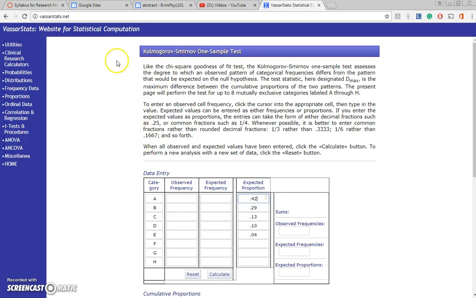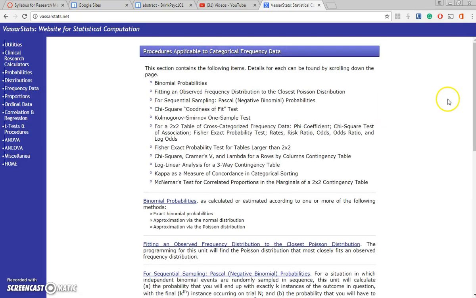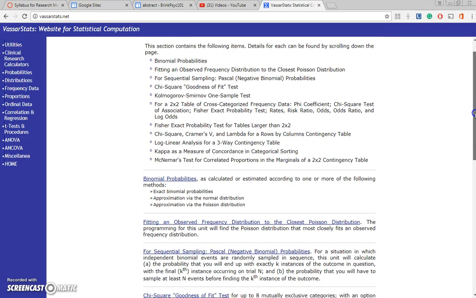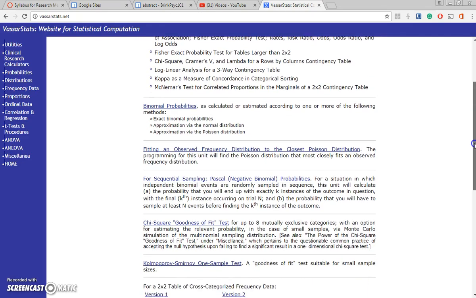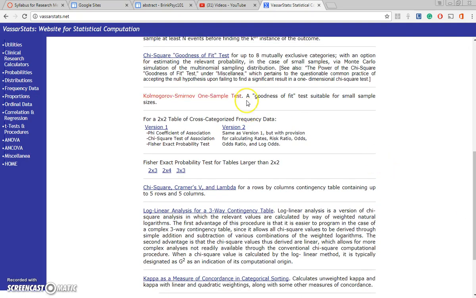the Vassar Stats site. Now, to get to the Kolmogorov-Smirnov test, click on frequency data, and then scroll down past chi-squared to another test for goodness of fit, the Kolmogorov-Smirnov one sample test.